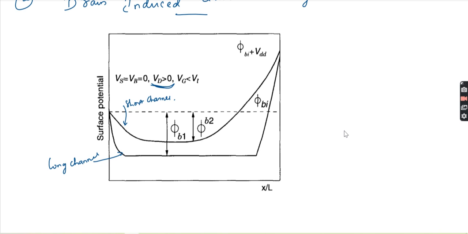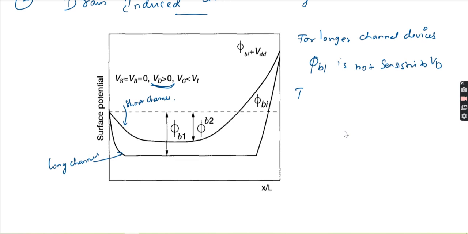For long channel devices, the barrier, which is nothing but phi B1, is not sensitive to drain voltage.